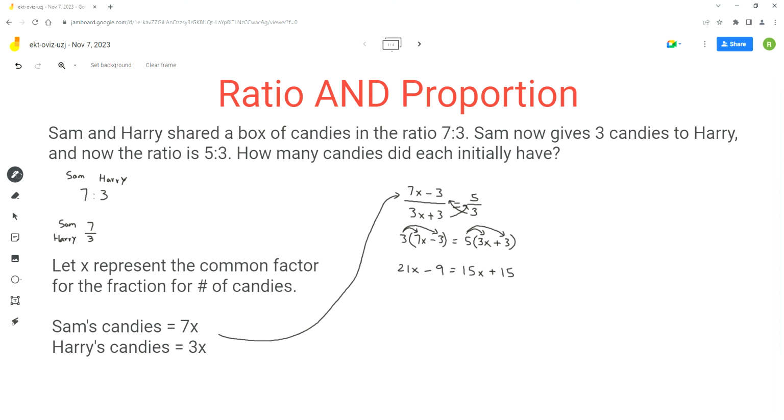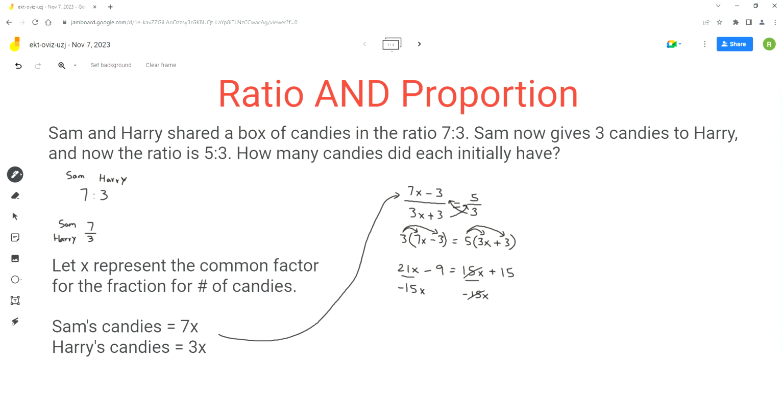So now we can see that there are like terms in this equation. So 21x and 15x are like terms, but they are on the opposite sides of this equation. So we can subtract 15x from both sides.